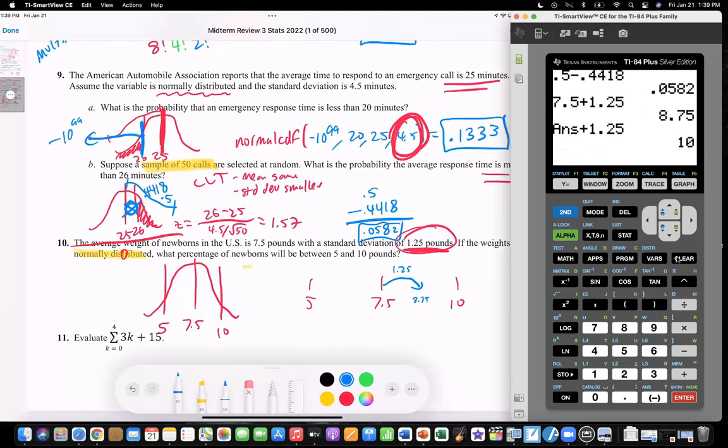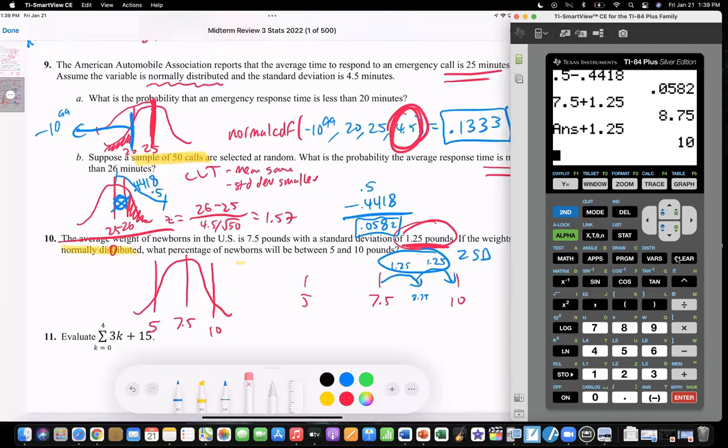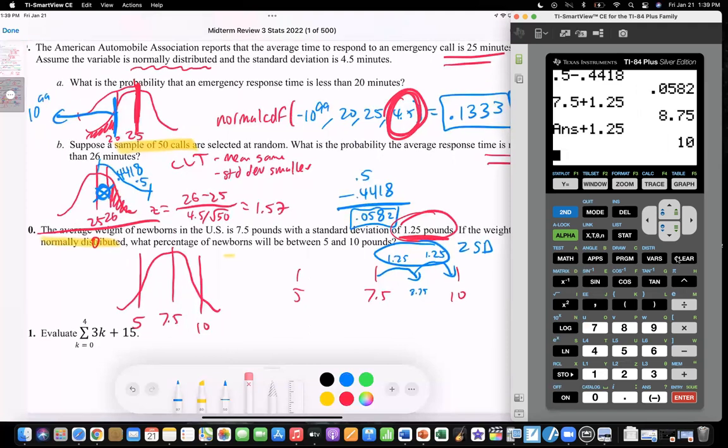So notice we're going 2 standard deviations to the right, right? Because that's 2.5 away, which is 2 times 1.25. And that's also 2.5 in this direction, so it's also going to be 2 standard deviations to the left.